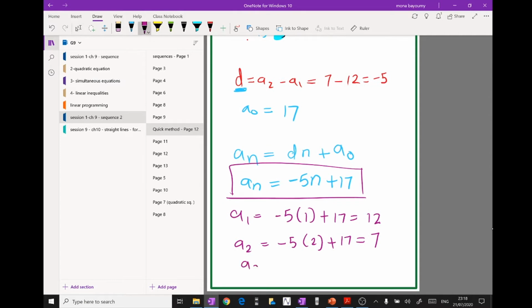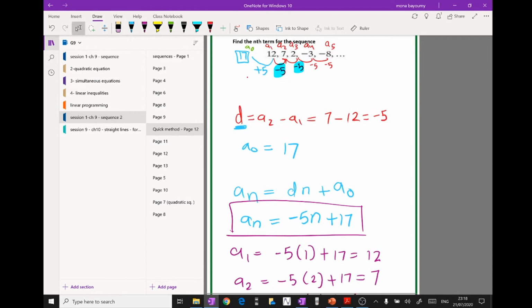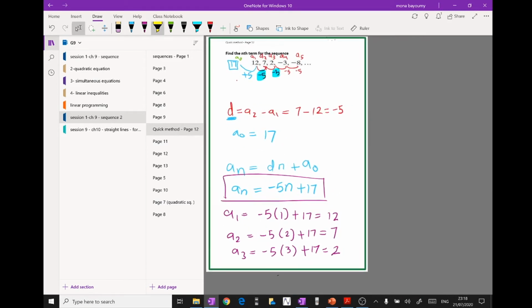A3 is equal to negative 5 times 3 plus 17, negative 15 plus 17, it will be 2, which is the third term. Here you can check: 12, 7, 2. If you continue, you will find the other terms. I think it's so easy.